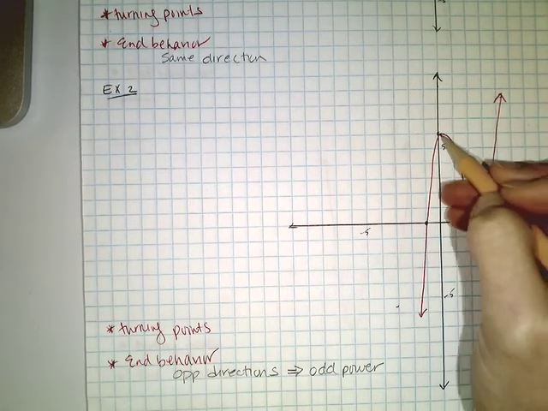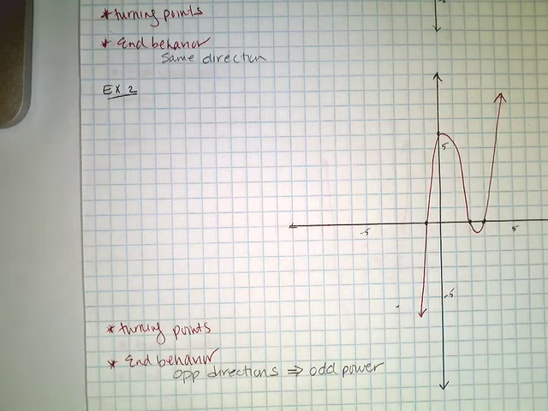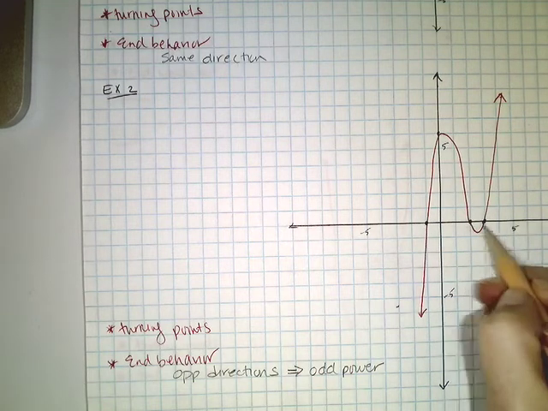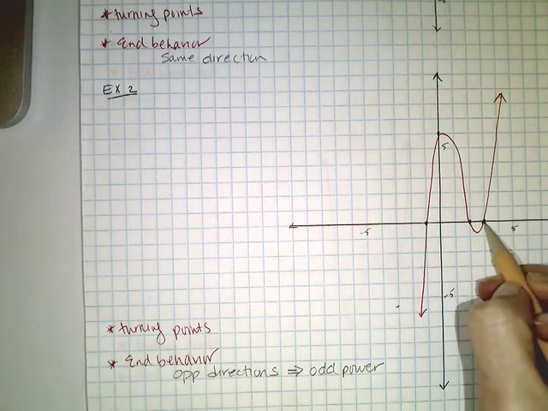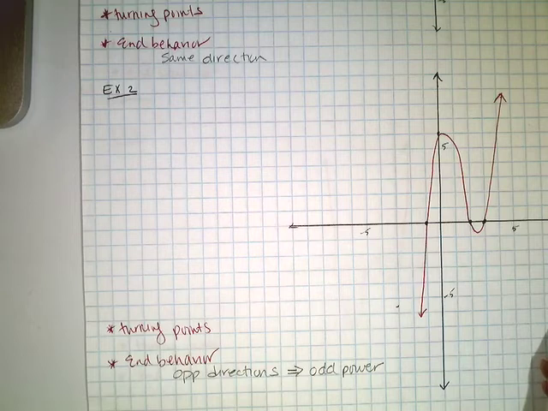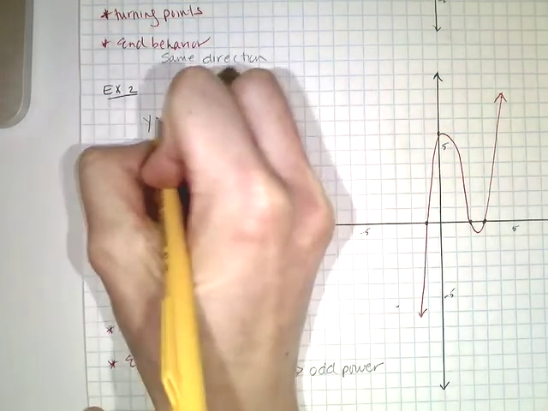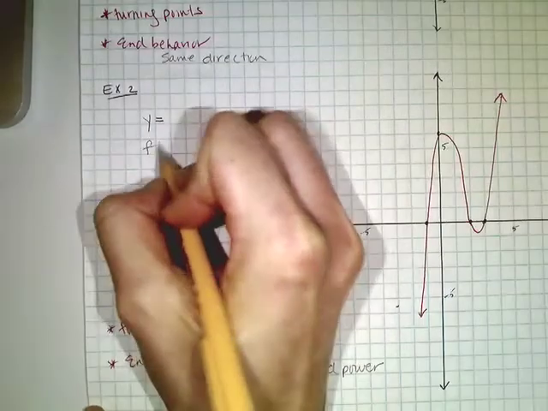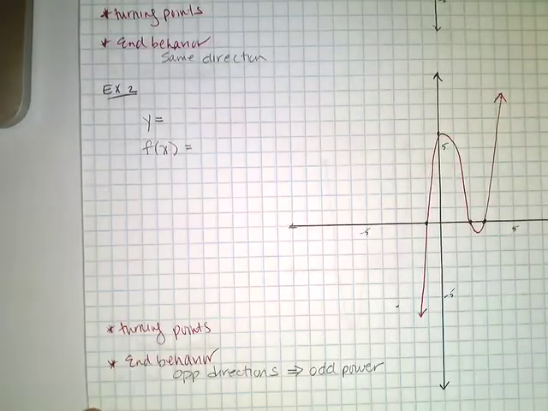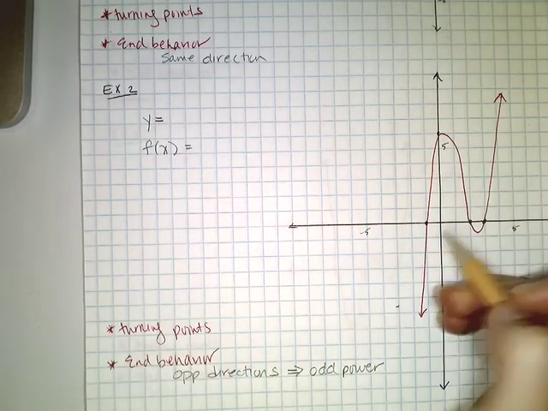So it has 1, 2 turning points, which means most likely it's a power of 3. It also has 1, 2, 3 roots, which tells me it has 3 factors. So the first thing I want to do is write y equals, or f of x equals, either doesn't matter. And then identify what these roots are.